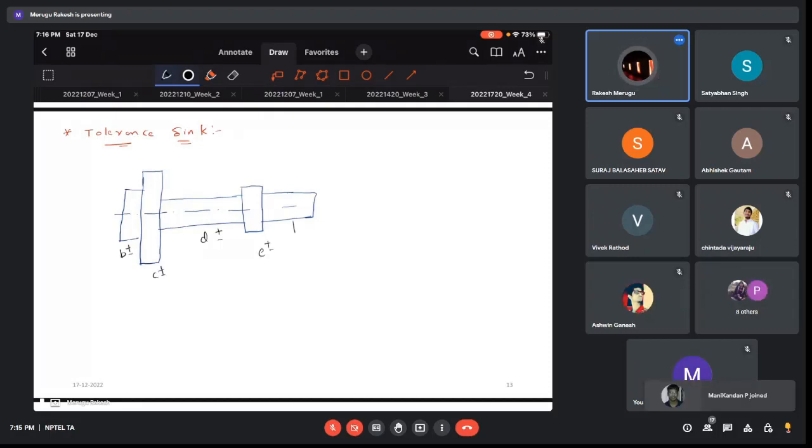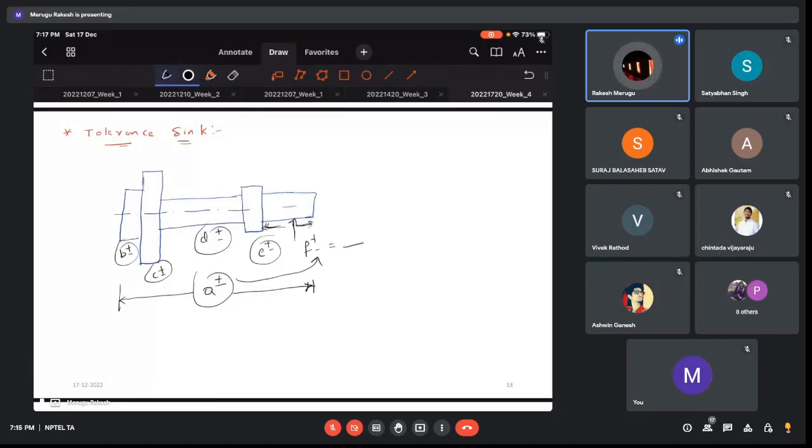But for this dimension from here to here, I will not give the tolerance in the design aspects. I will give the total dimension. With the use of these values, I can accumulate all the tolerances in this dimension. So that is the concept of this tolerance sink.